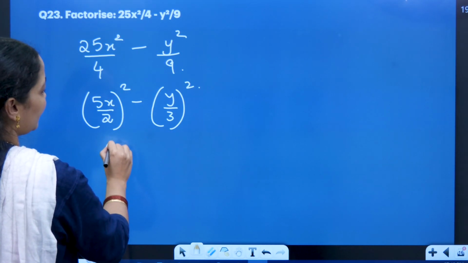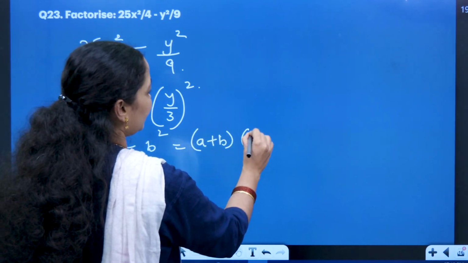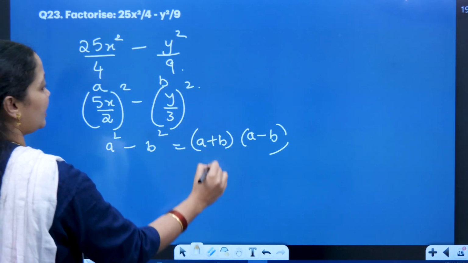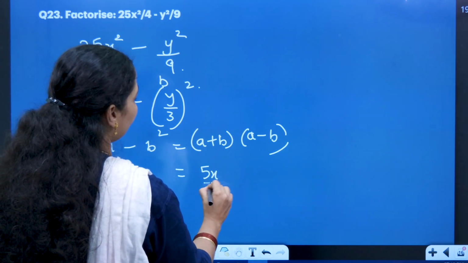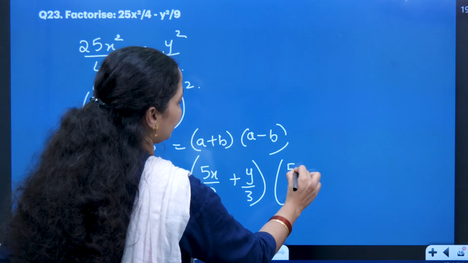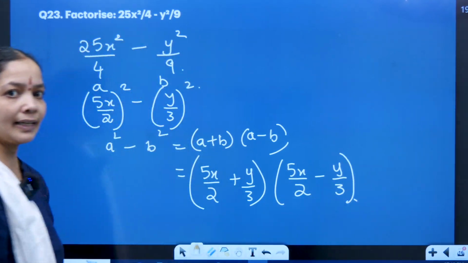Now this is of the form a square minus b square, that is a plus b into a minus b. So in this position, this is my a, this is my b. Therefore, it will be 5x by 2 plus y by 3 into 5x by 2 minus y by 3. This will be my final answer.